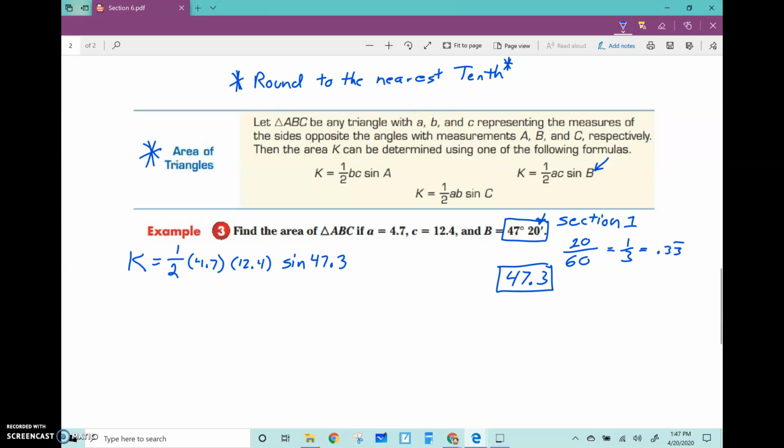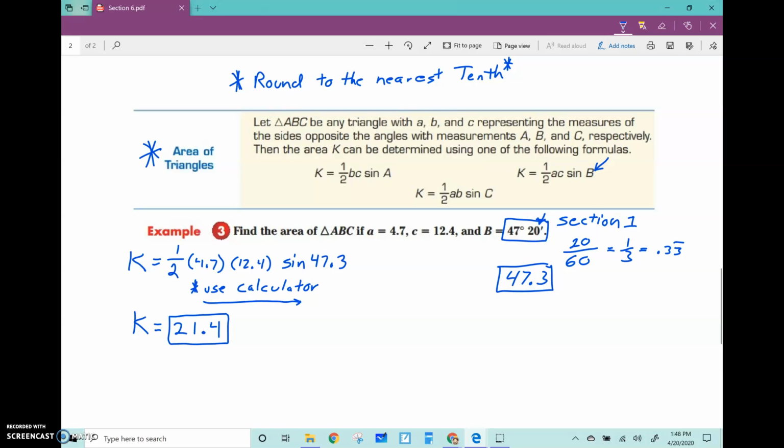All right, this whole thing can go in your calculator. If you type everything in sequence, just type it in from left to right. K is going to equal 21.4. So the area of this triangle is 21.4.